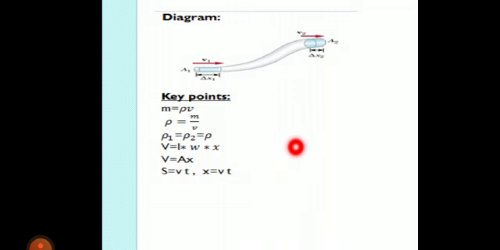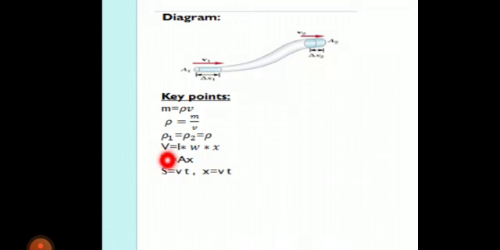Here we are taking an ideal fluid, that's why its density is constant. So we can also write rho 1 equals rho 2 equals rho, because the density at point 1 and point 2 remains constant, since this is an ideal fluid and it is its property.